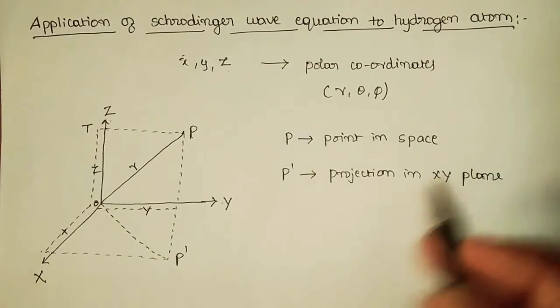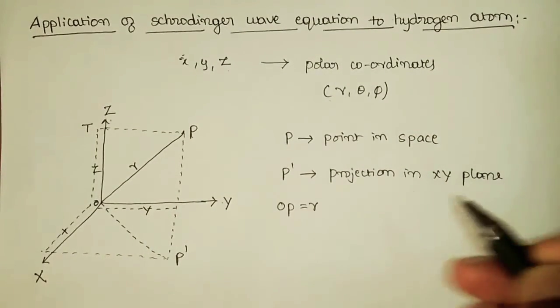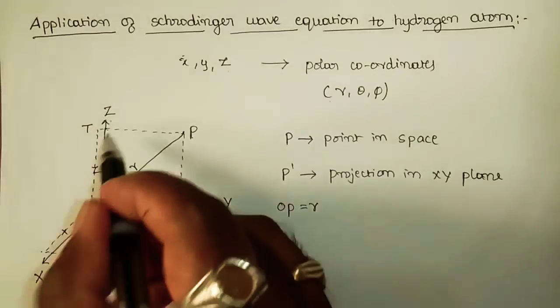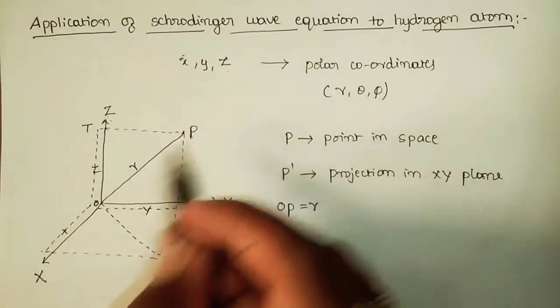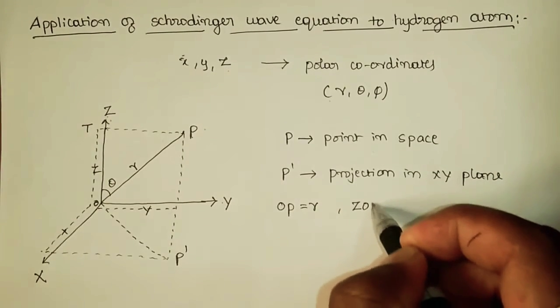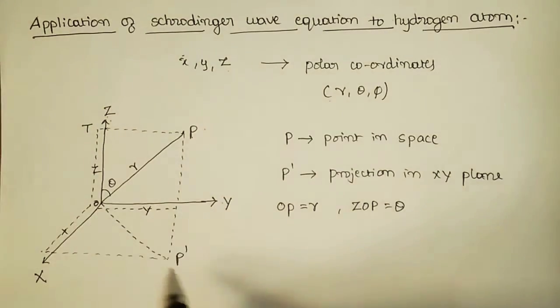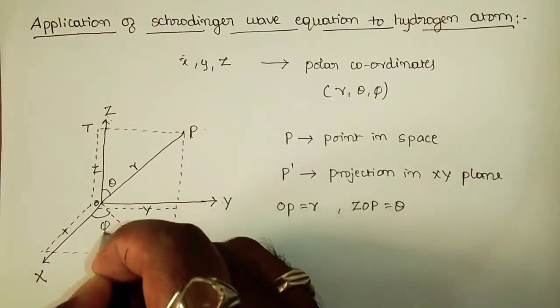And thereafter you can observe OP is equal to R, and angle ZOP can be taken as theta, and angle XOP prime can be taken as phi.